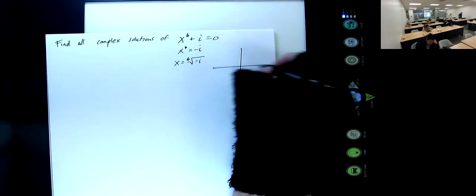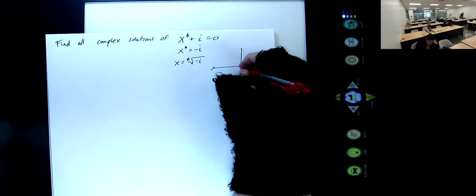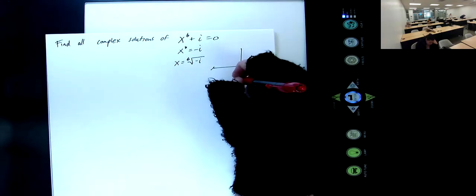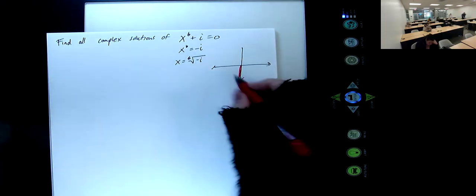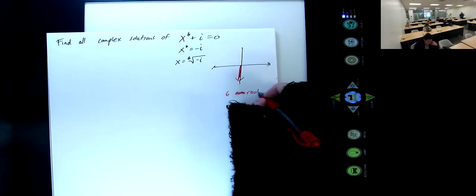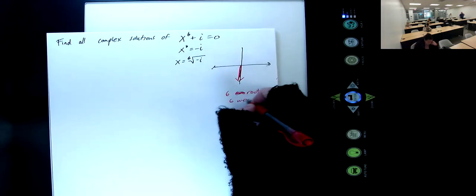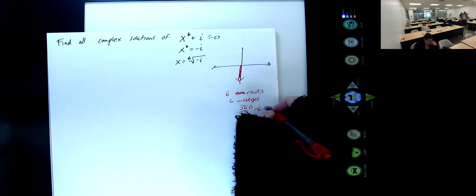Even before I get started, I can see negative i is straight down. And I should be breaking this up into 6 roots, 6 wedges. So 360 over 6 is 60 degrees.